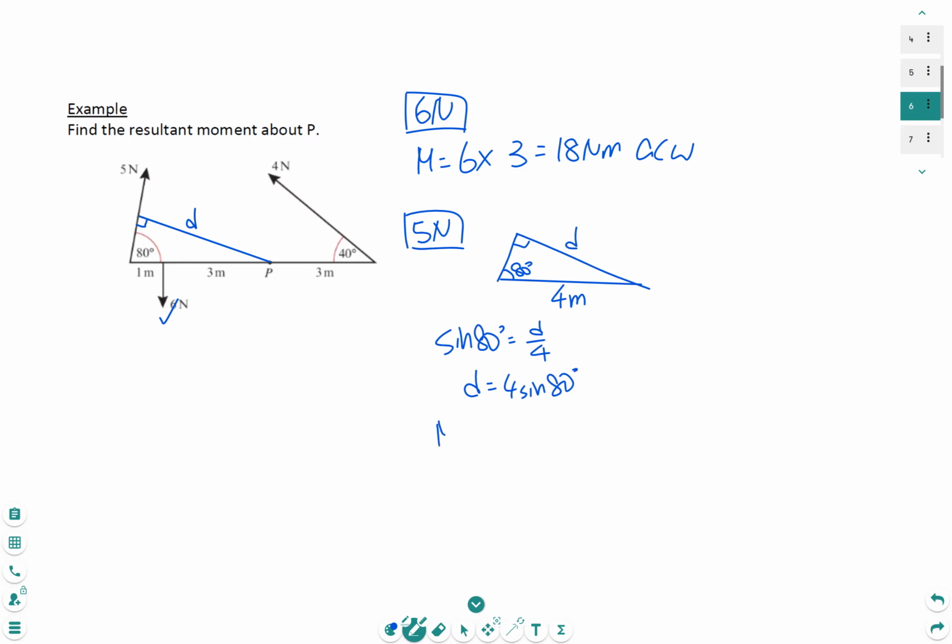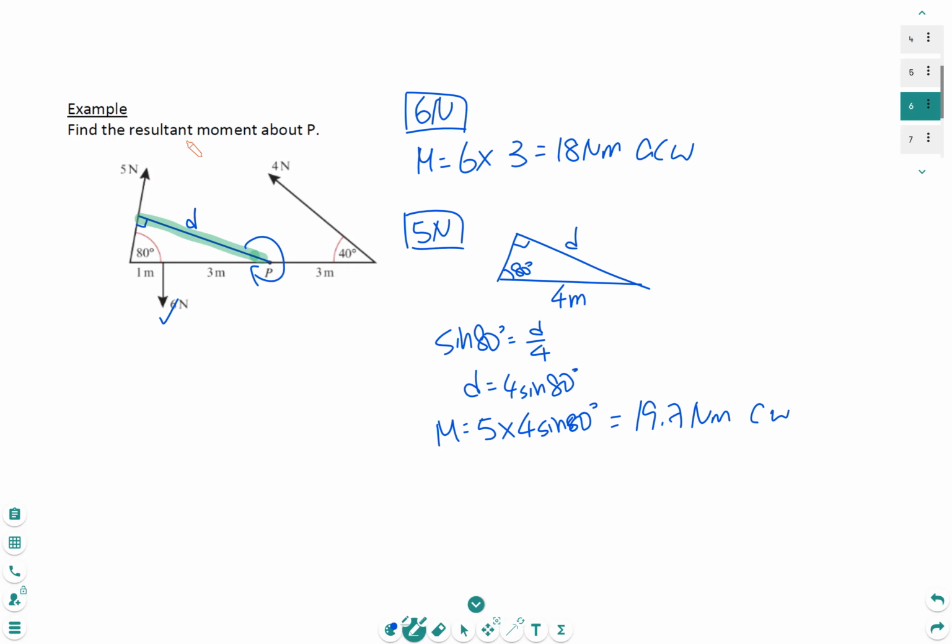So the moment equals force times distance, 5 times 4 sine 80 degrees, which is 19.7 Newton meters. And that also means the door, when you push it up, rotates clockwise.